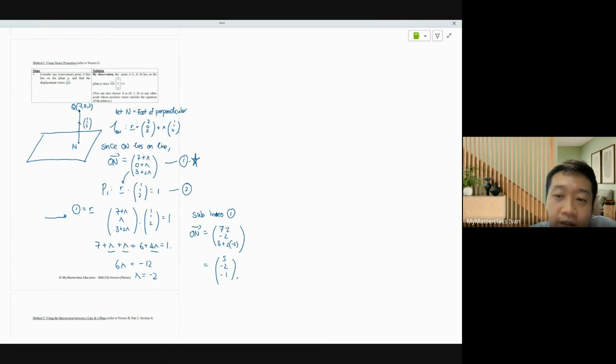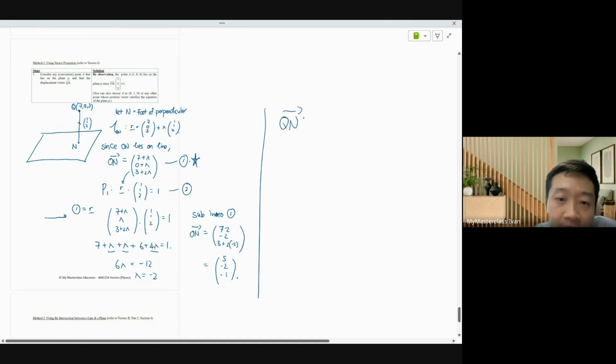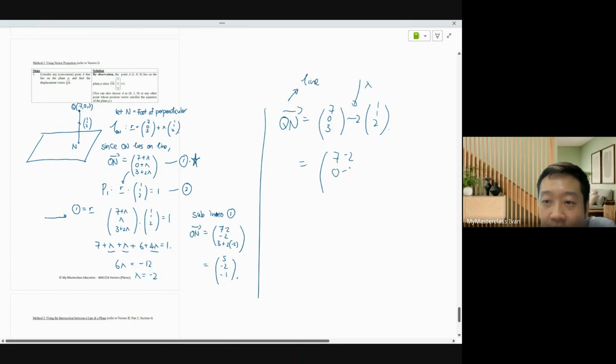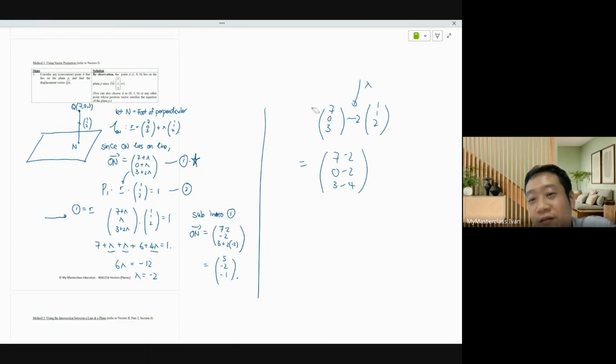If you still have space, write down QN equals 7, 0, 3. QN is like the line. You substitute the lambda into the line. No, sorry, my mistake, total mistake.